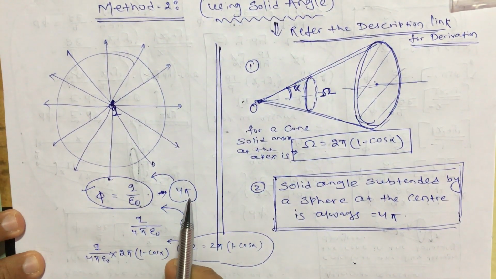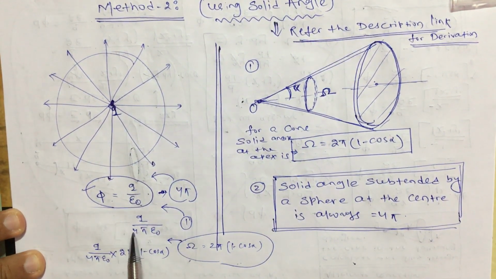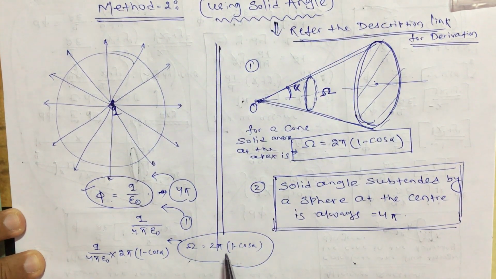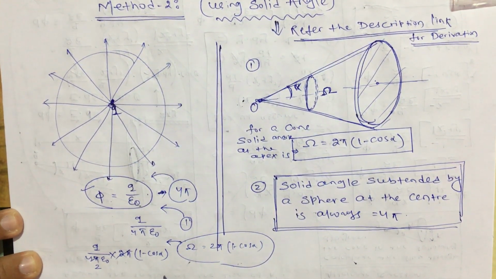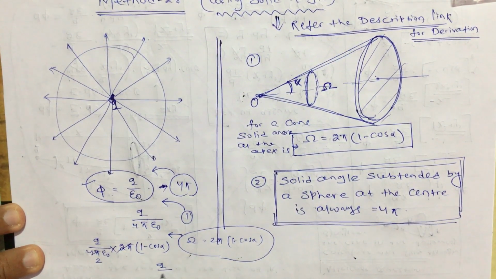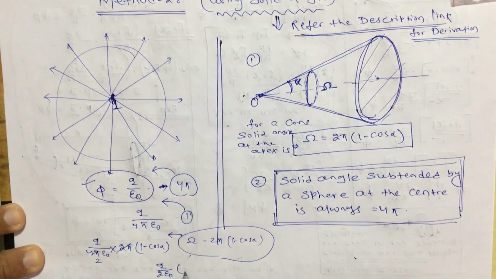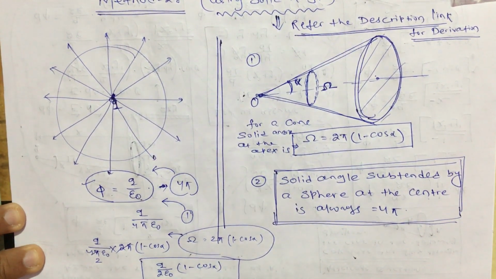For 4 pi solid angle, the flux is this much. For 1 unit solid angle, the flux is this much. For this much solid angle, the flux is this much. So if you cancel them out, you will get the result that we obtained in the last one, that is q divided by 2 epsilon naught times (1 minus cos alpha). This is the required flux.